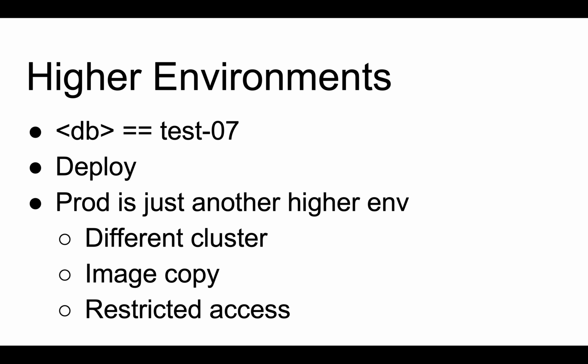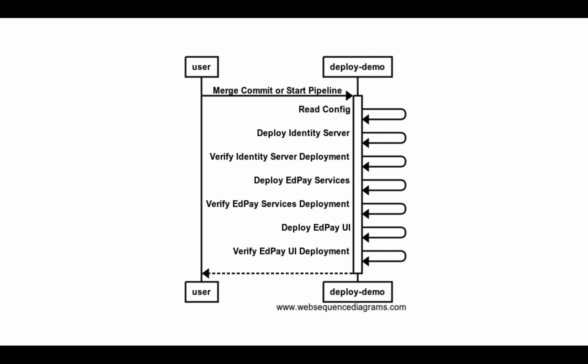And of course, the key difference for prod is that it has much more restricted access in terms of who can even touch the environment or the cluster. And this is what a pipeline for a higher environment looks like. Much simpler than the pipeline for the build or dev environments.